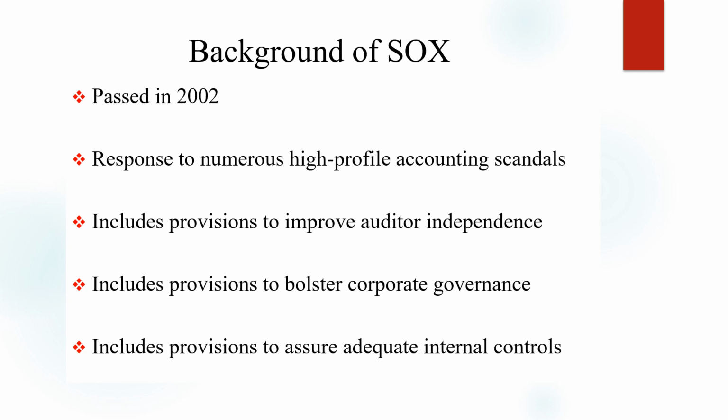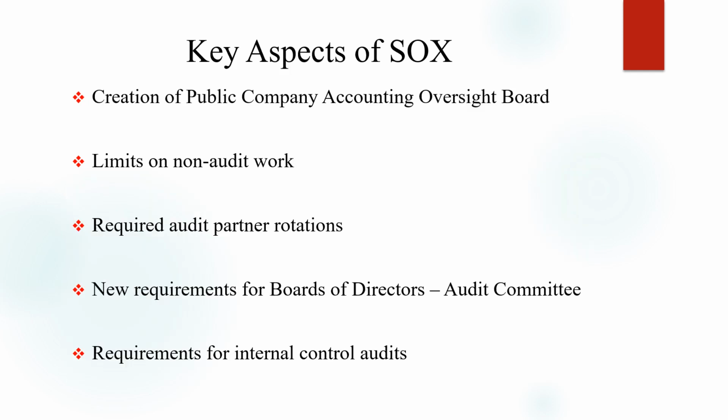Sarbanes-Oxley has numerous provisions in it, but the gist of it is that it is designed to improve auditor independence. It's designed to bolster corporate governance, and it's designed to assure users of financial statements that there are adequate internal controls in place to produce reliable information. Some of the key aspects of Sarbanes-Oxley, probably the major aspect, was the creation of the PCAOB. There were limits on the type of non-audit work that auditors could do.